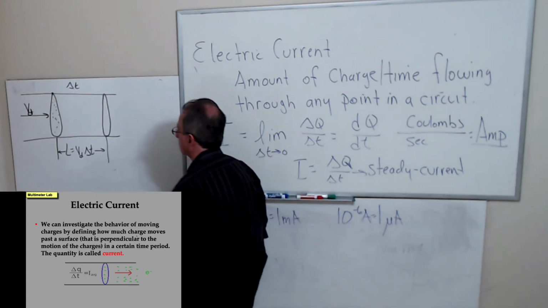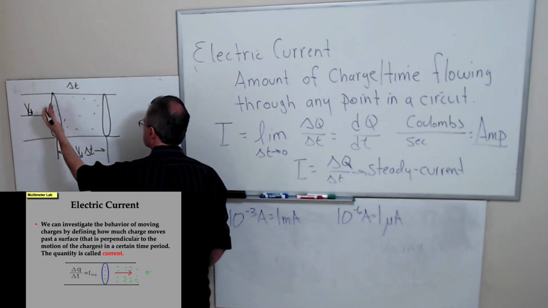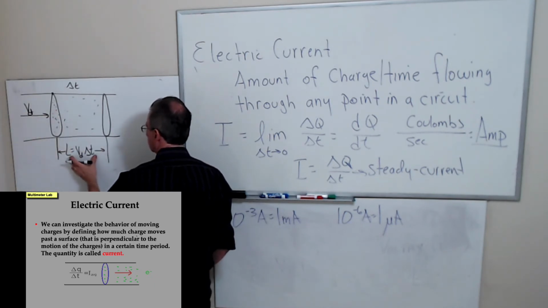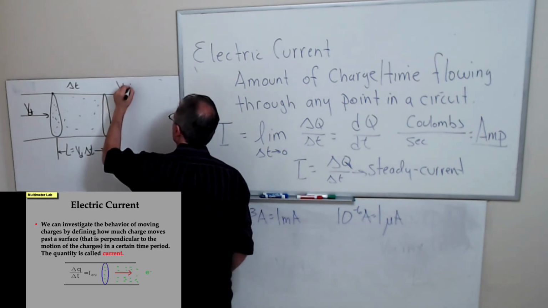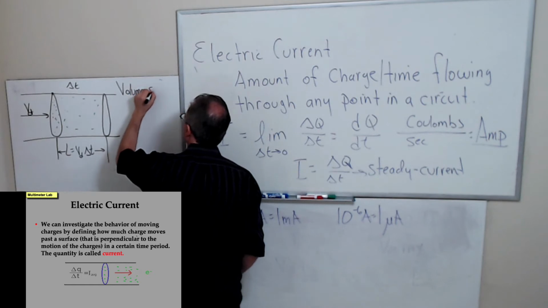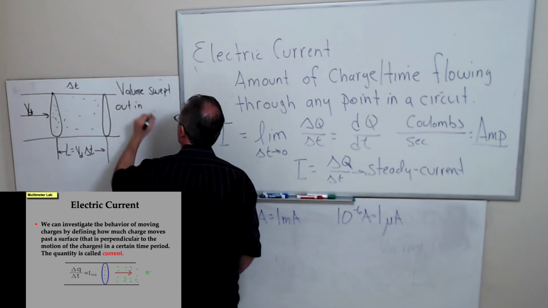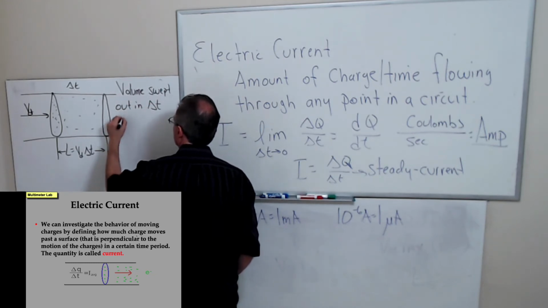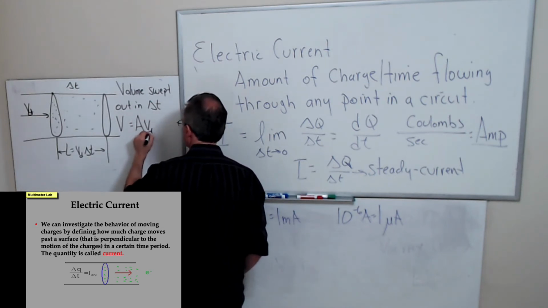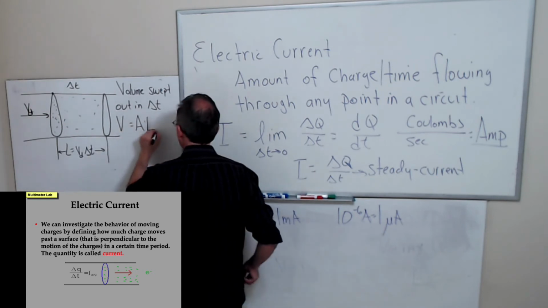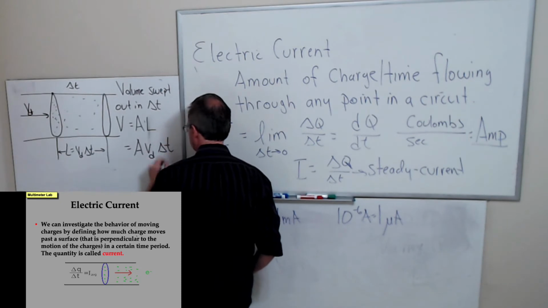And of course, this is all full of charges. So these charges sweep out a volume that's equal to this distance times this area. So the volume swept out is going to be V equals the area of my wire times L, which is the area times v sub d delta t.